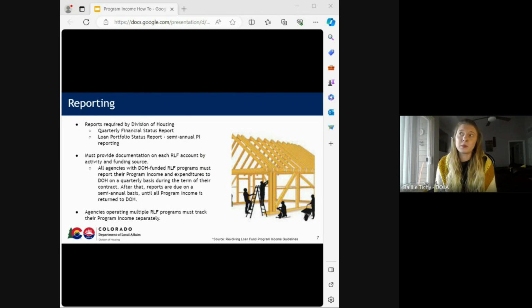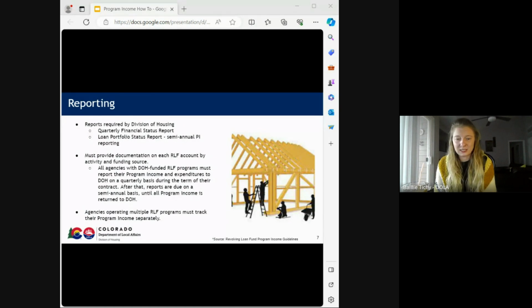And then the question was, if there was a barrier or an administrative burden to you to keep those separated, we would take that into consideration. As these programs grow and as the agencies grow and as the revolving loan fund grows, it's really hard to keep track of things if they're not separated out.